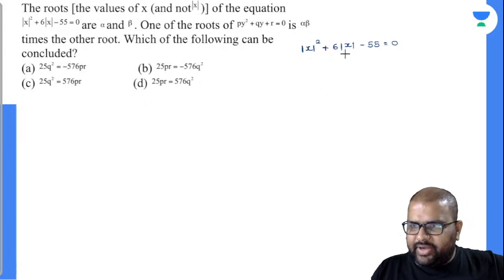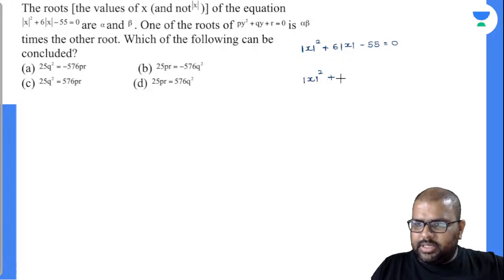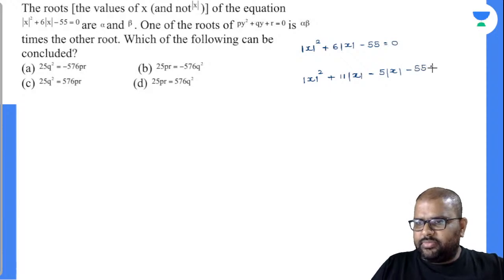First of all, let's find out this. 11 is 5 plus 6, so x square plus 11 modulus of x minus 5 modulus of x minus 55 is equal to 0.